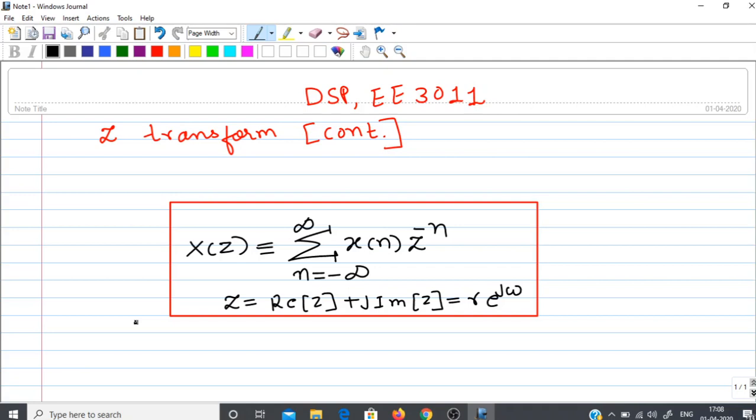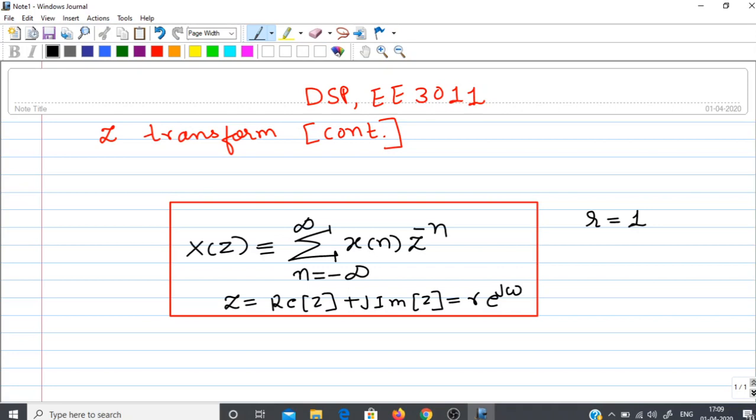Now before moving on, I would like to explain the range of r and omega. What is this r and what is this omega? If I ask, r equals 1 represents what in the z plane?